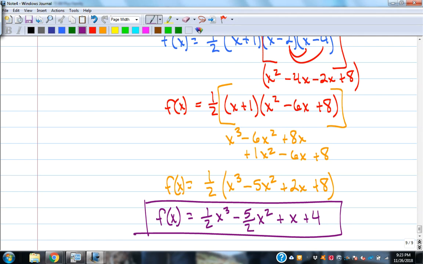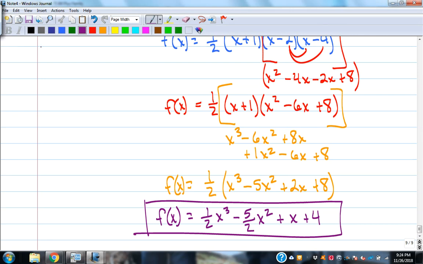How do I know that that's the right one? I graph it. And it should cross the x-axis at what places? -1, 2, and 4.